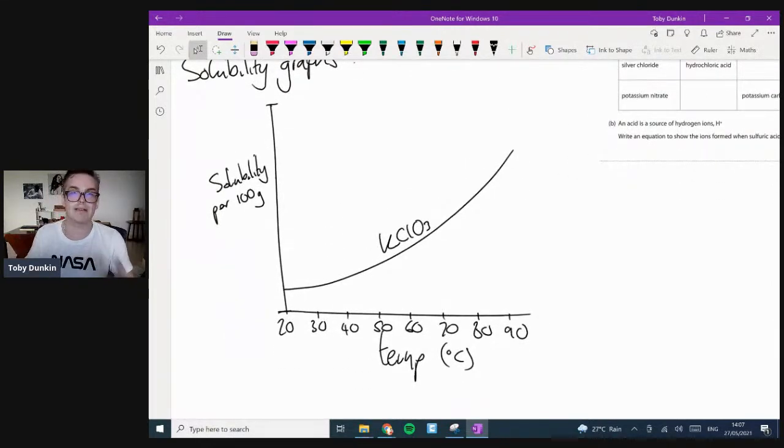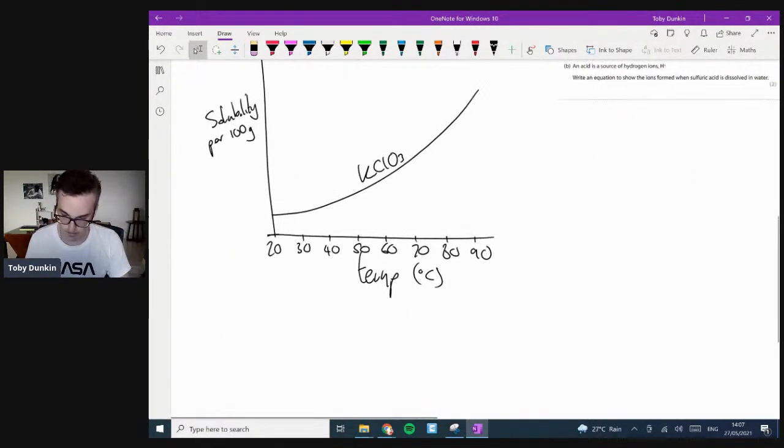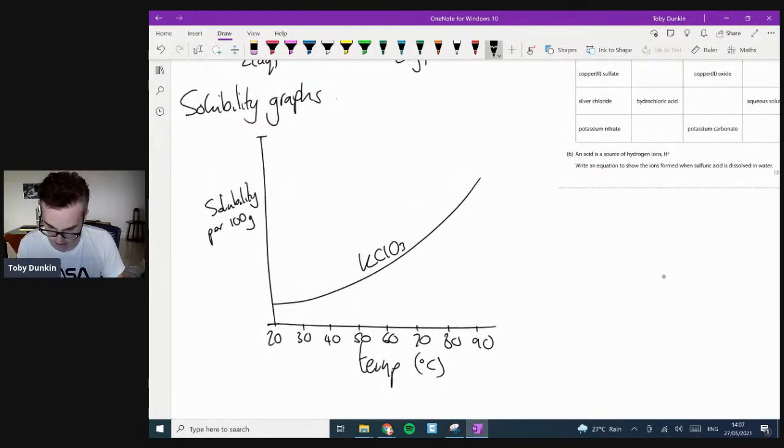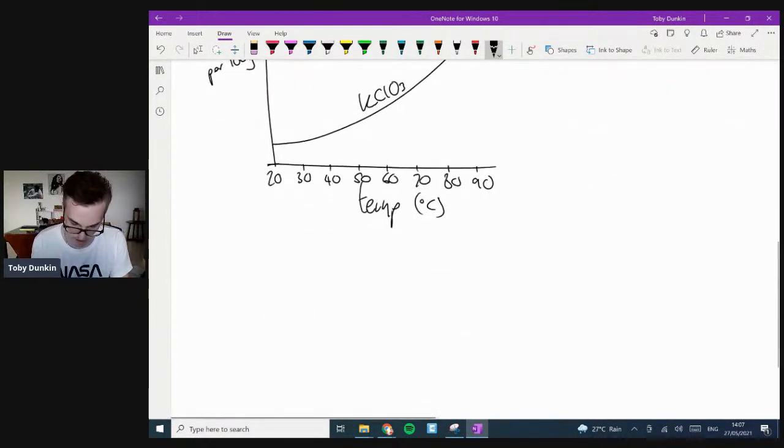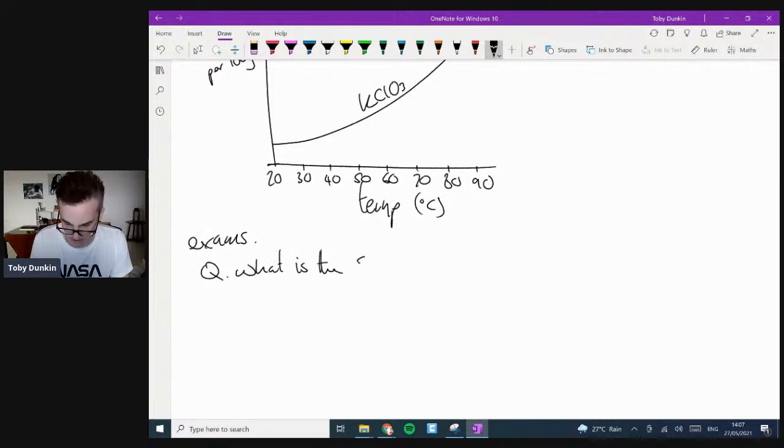Now, the questions that are going to come from these. What are the exam style questions? Underneath it, I'm going to write exam questions. Super common: what is the solubility of KClO3 at 50 degrees Celsius?